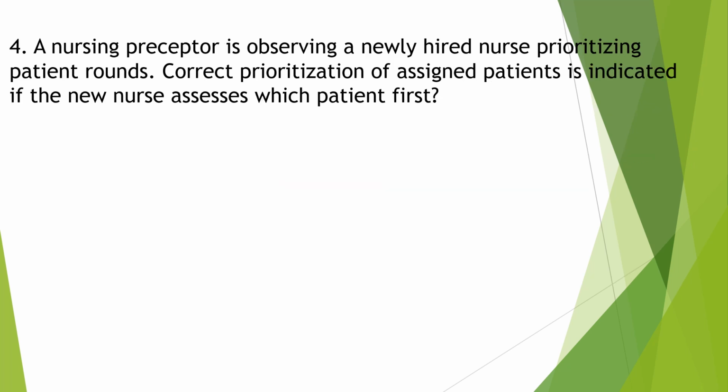A nursing preceptor is observing a newly hired nurse prioritizing patient rounds. The correct prioritization of assigned patients is indicated if the new nurse assesses which patient first. So, a new nurse has joined the clinicals and the preceptor is seeing how the new nurse is prioritizing the patients for the rounds.